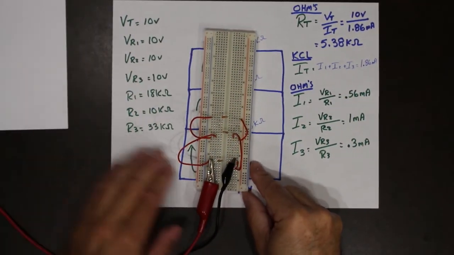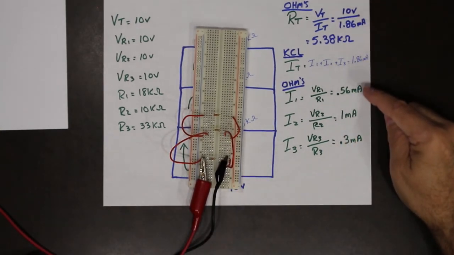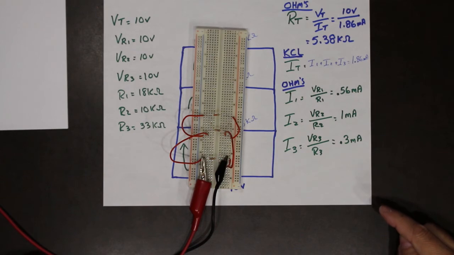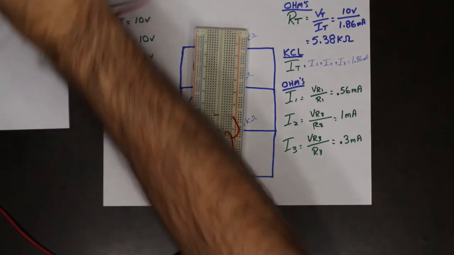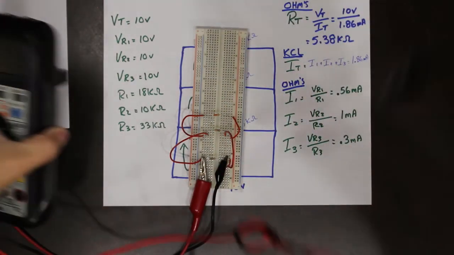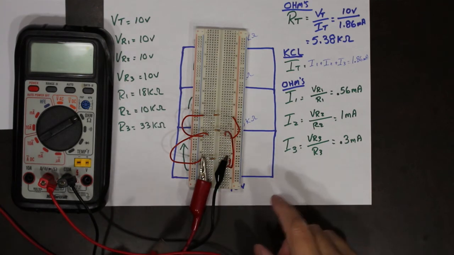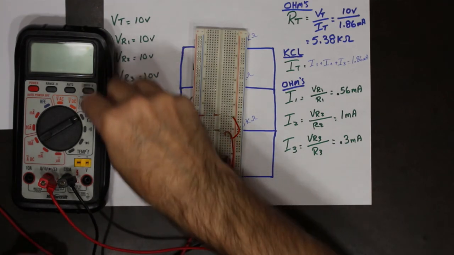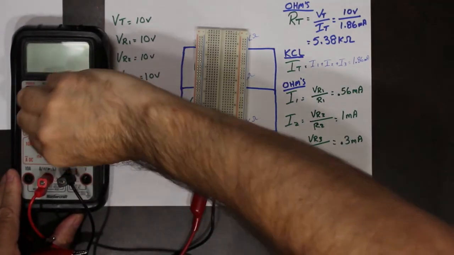And what we're going to try and prove is our calculations. So I got a multimeter. I am going to measure my currents. So we're going to set this up to measure currents.